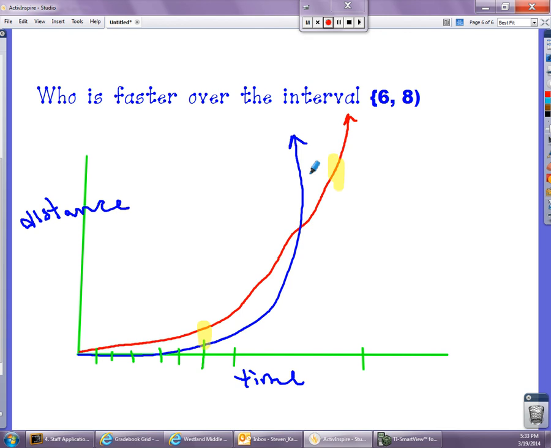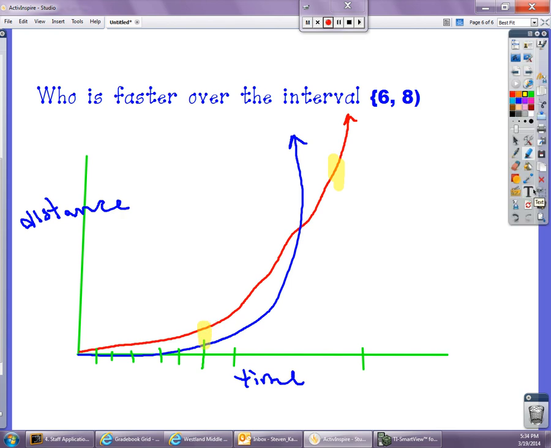Now, this isn't going to really work out for the blue, which is an exponential, because I'd have to go up farther to find it. But to find out the speed of the red, remember, you're taking the distance that you are here, because it's going to be bigger, subtracting the distance here. So that would give you the total distance, and you're dividing it by the time. Well, in this case, if you go from 6 to 8 seconds, 2 seconds have passed.